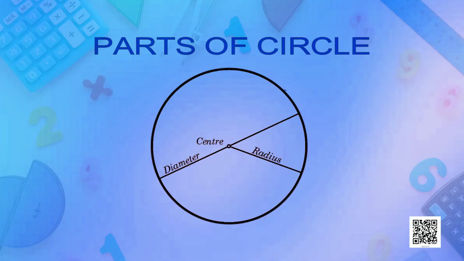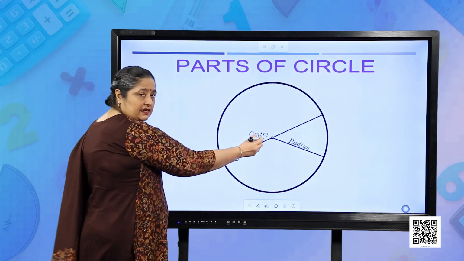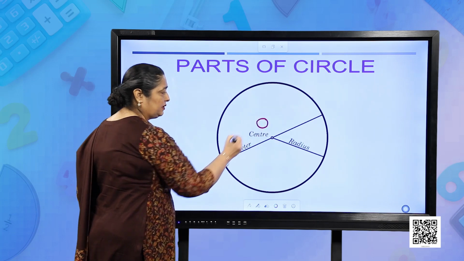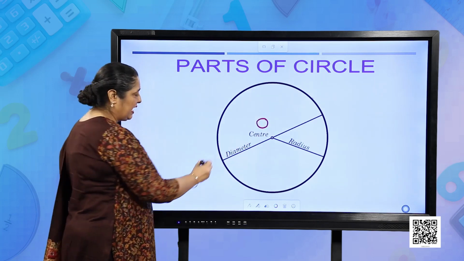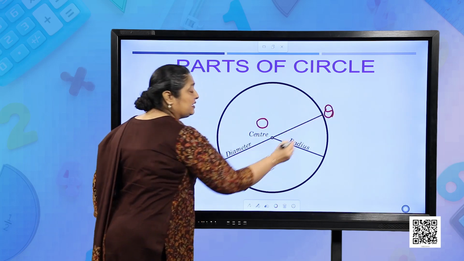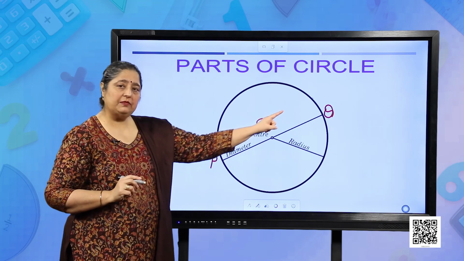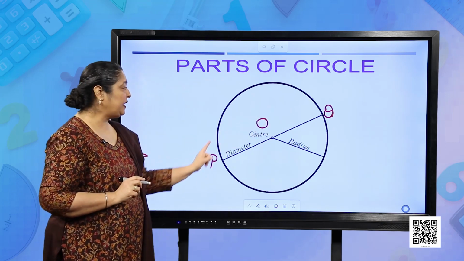What are the parts of the circle we need to study? These are the parts of the circle we have already studied. This is the center. Let me mark it as O. O is the center of the circle, and let me mark P and Q. These are the 2 points on the circle. So, what is the diameter of the circle? This is PQ.